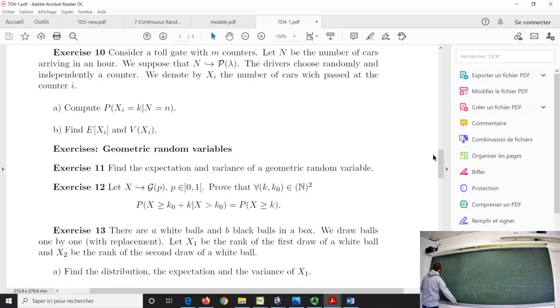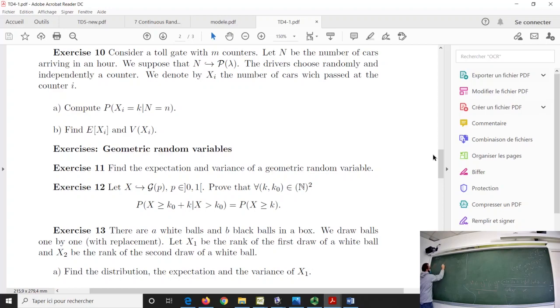So it's exercise 10. I have m counters, so I can represent the situation: counter 1 until counter m.